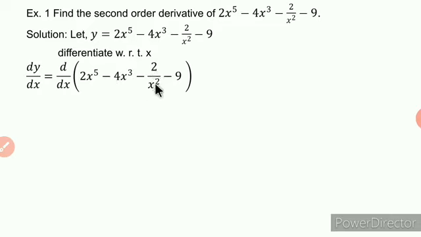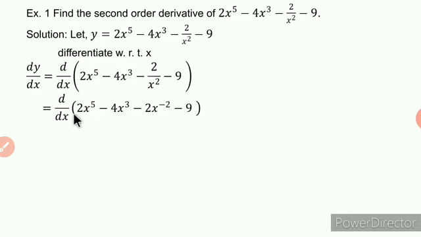Now first I write this 1 upon x square as x raised to minus 2. So it is equal to d by dx of 2x raised to 5 minus 4x cube minus 2x raised to minus 2 minus 9. Now I differentiate this. So derivative of x raised to 5 is 5x raised to 4.